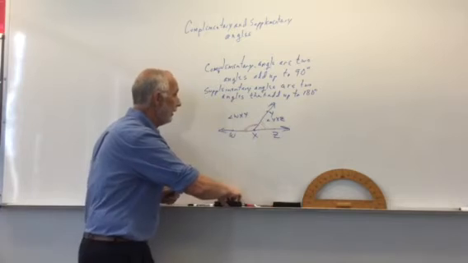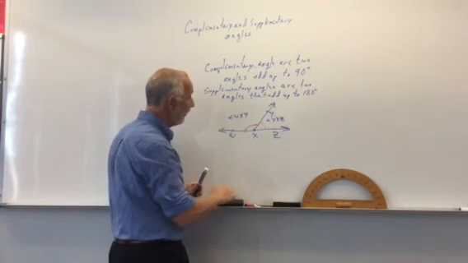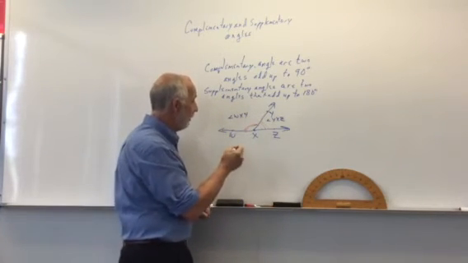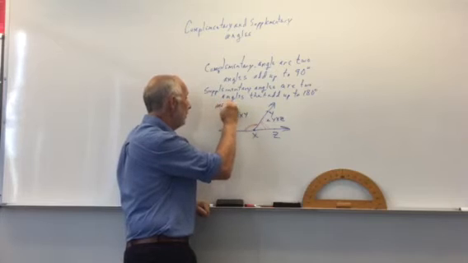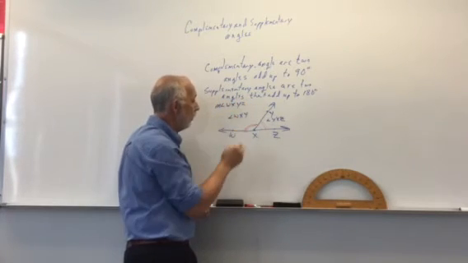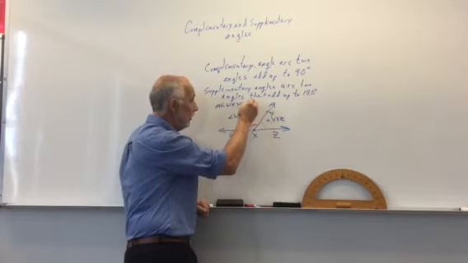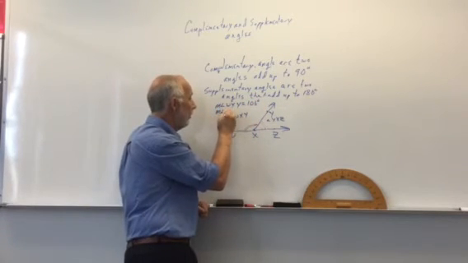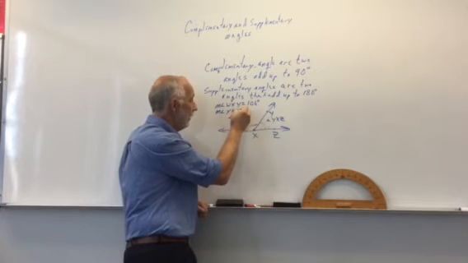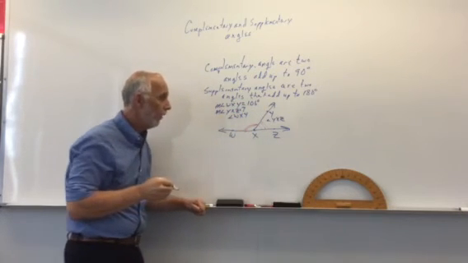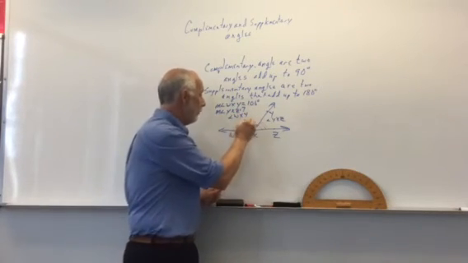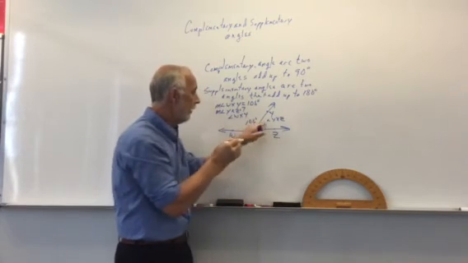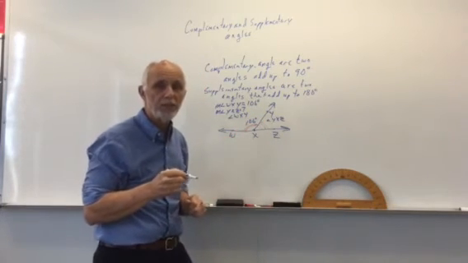Now again, if I know one angle, how do I find the other? Say I knew that the measure of angle WXY equaled 106 degrees. Then how could I find the measure of angle YXZ?